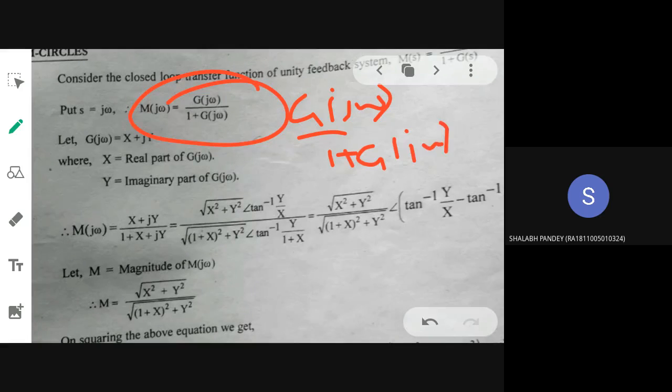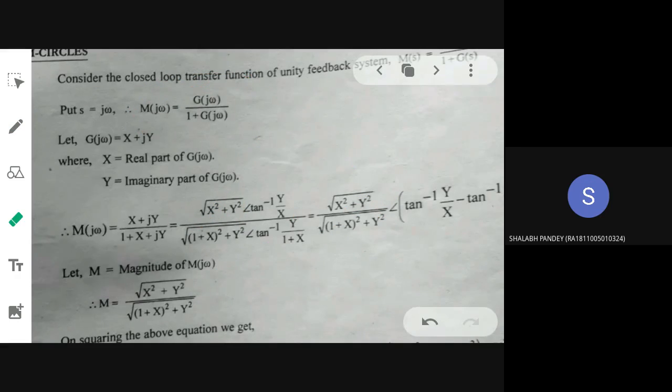Now you are going to assume that G of j omega is equal to x plus jy, where x is the real part and y is the imaginary part. Then you are going to derive the magnitude.